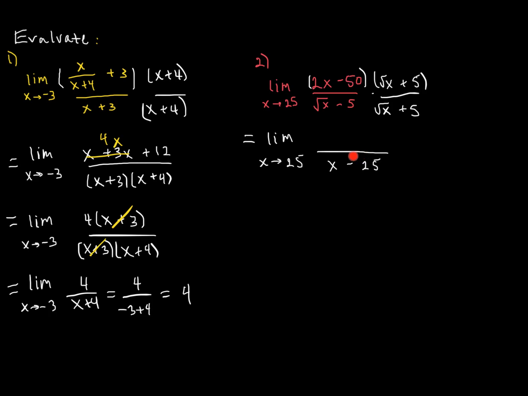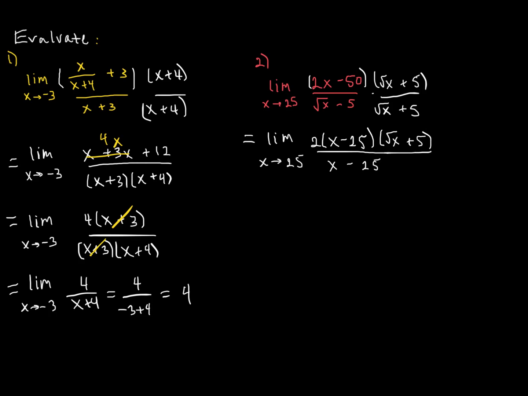And this is very close. It's just that you've got a 2 and a 50. Well, if you factor out the 2, then you're going to end up with x minus 25. So let's just do that. Let's factor out the 2. We'll have 2 times x minus 25, still multiplied by this other factor here, square root of x plus 5.